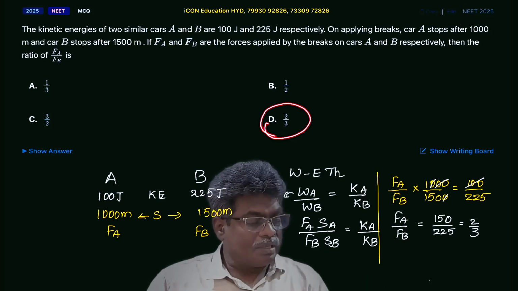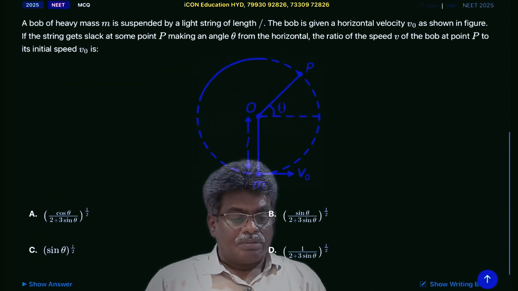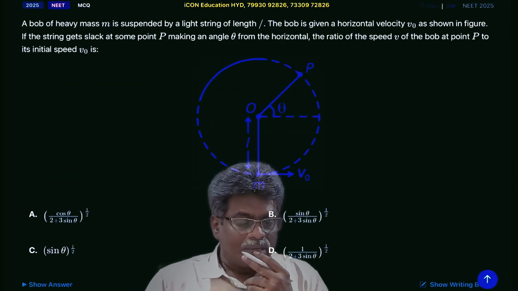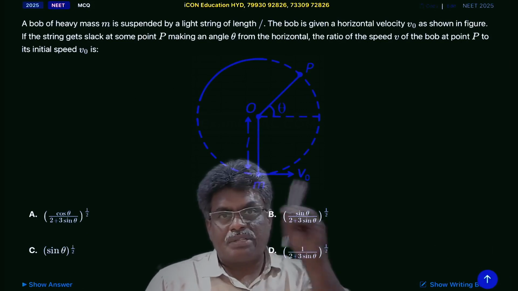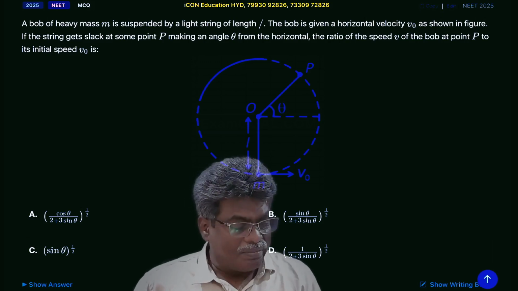Now let us go to the next question. So this is also quite interesting. So here this is a vertical circular motion concept. Now initially they have given a velocity v naught.